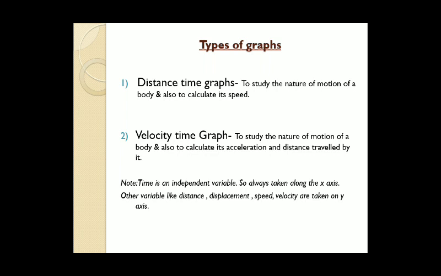Today we will be learning about the distance time graph. Distance time, that is the relation between distance and time. So these graphs are used to study the nature of motion of a body, and when the object is covering some distance in a particular time, these graphs are helpful in calculating the speed.